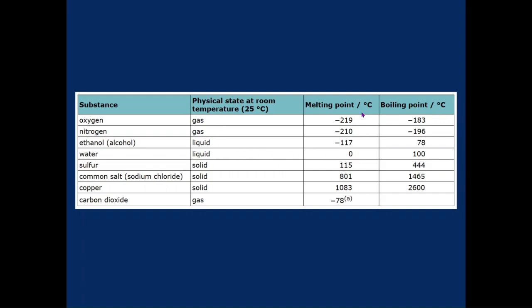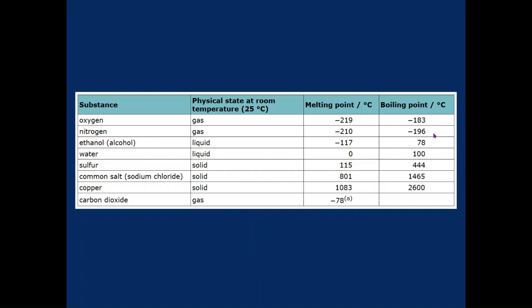For all of the ones that are above 25 degrees C, they will be solids at room temperature, which we see here, right? And then carbon dioxide has this asterisk because it actually transitions straight from a solid to a gas, which is a special transition that we didn't really cover, but yeah, it is a gas at room temperature.